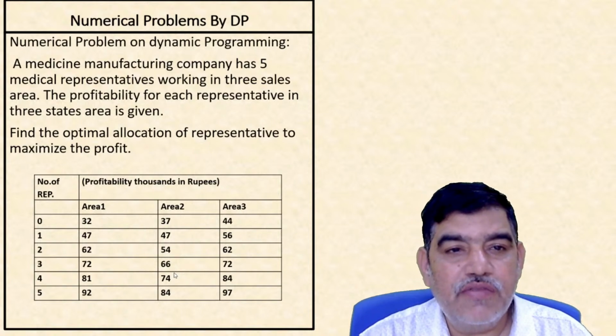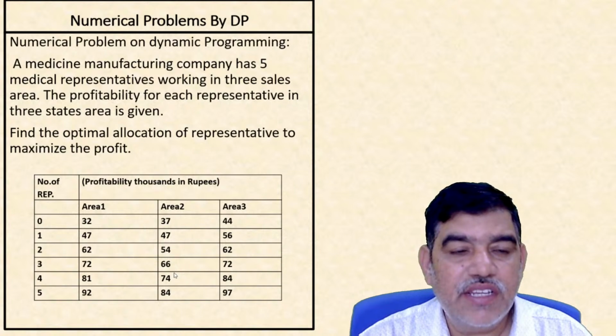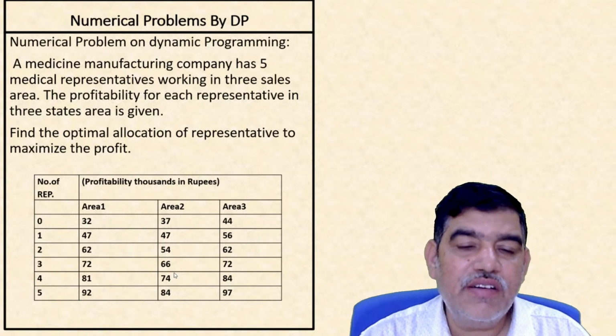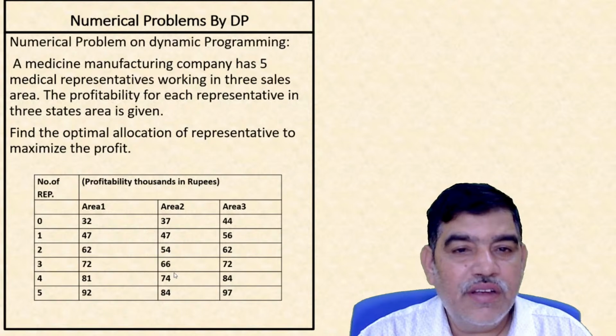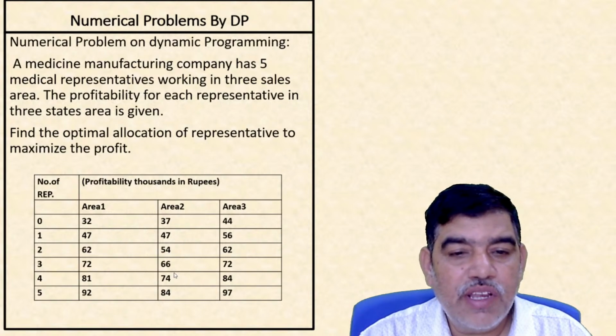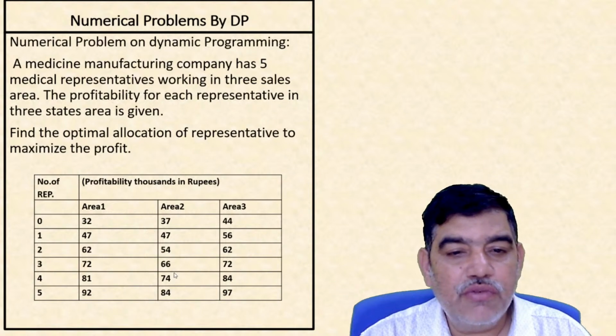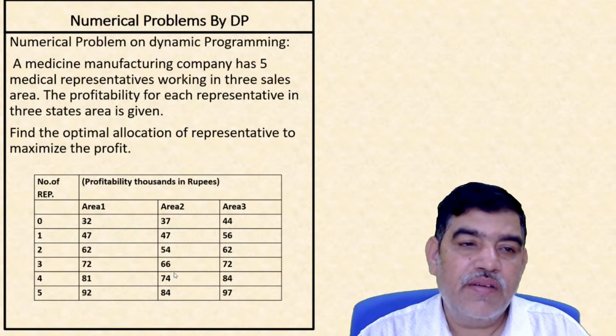A medicine manufacturing company has 5 medical representatives working in 3 sales areas. Means there are 3 areas: Area 1, Area 2, Area 3, or you may consider them as Area A, Area B, Area C. But in my question, I mentioned them as Area 1, Area 2, and Area 3.